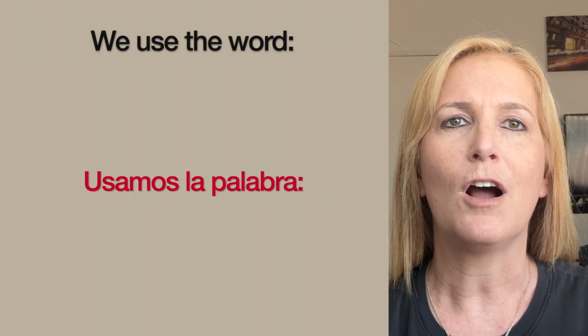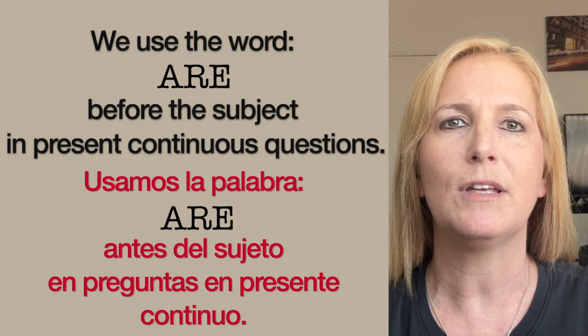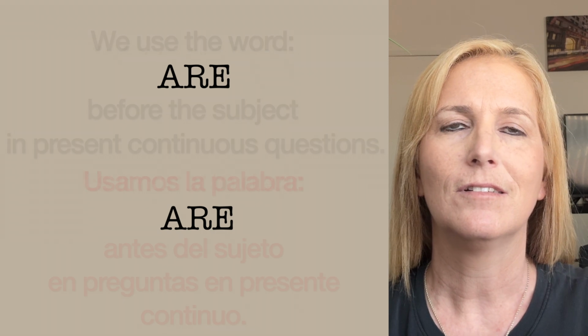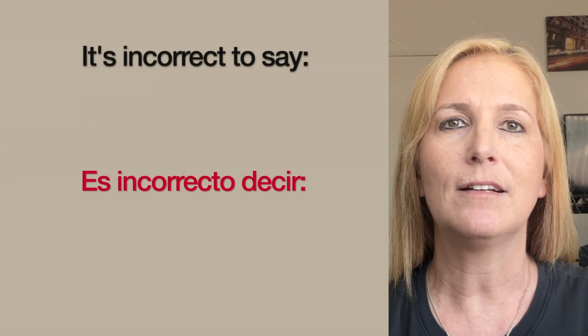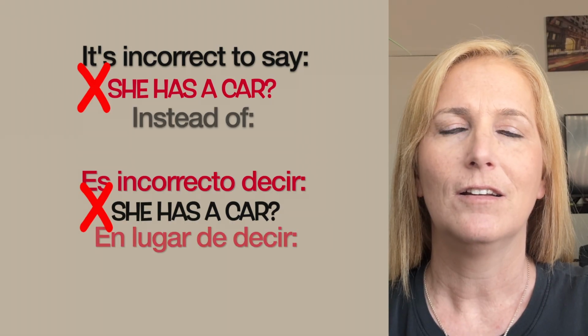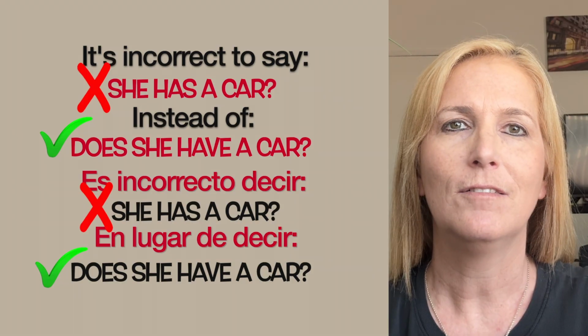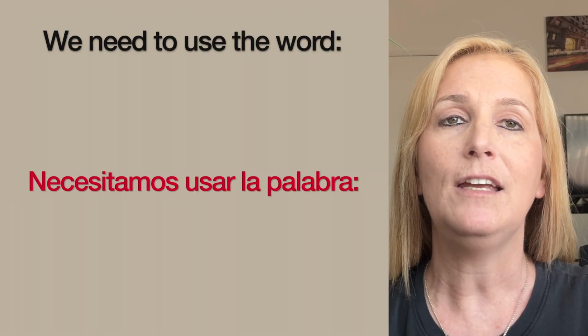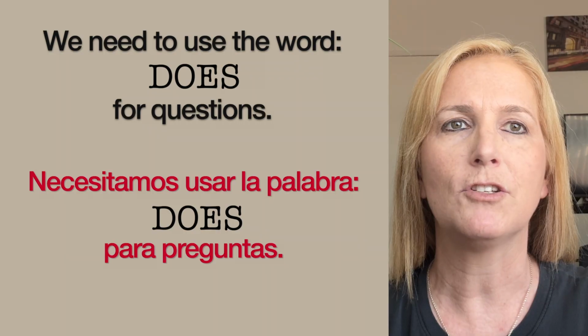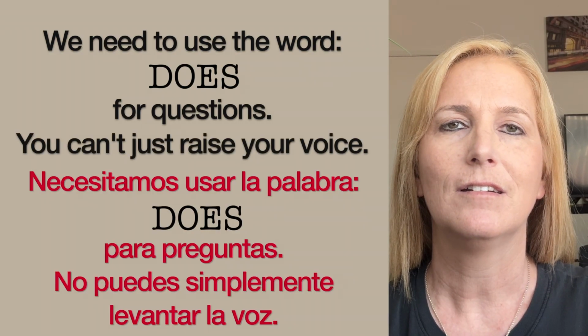We use the word are before the subject in present continuous questions. It's incorrect to say, "she has a car," instead of, "does she have a car?" We need to use the word does for questions. You can't just raise your voice.